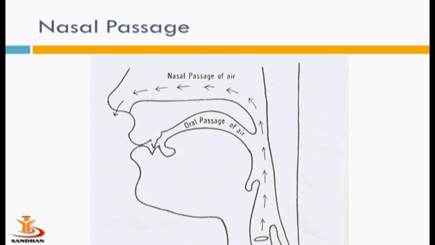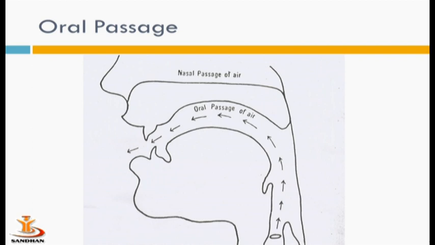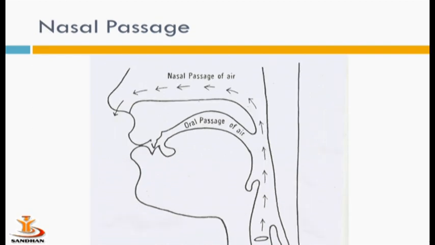I have specifically made my voice sound nasal by allowing more air to come out of the nose. So you have the nasal passage and the oral passage. This is how air comes out when we speak, either through the nose or through the mouth.